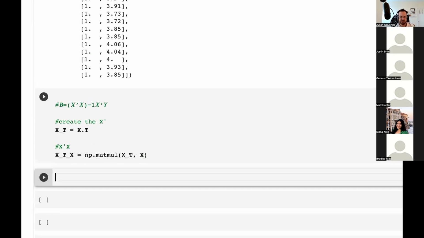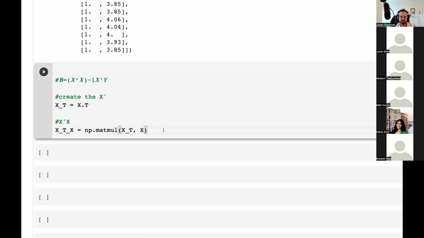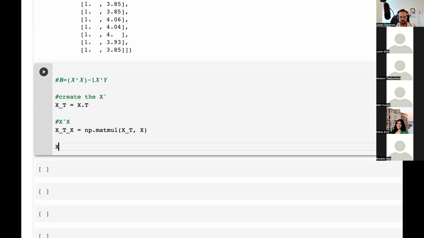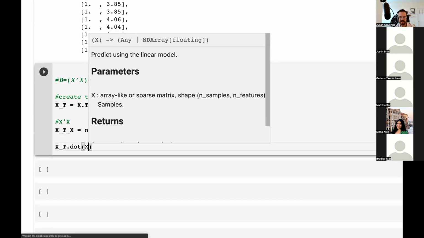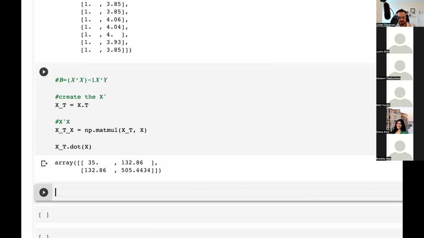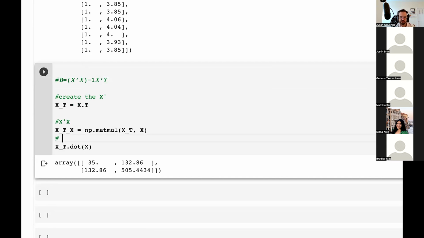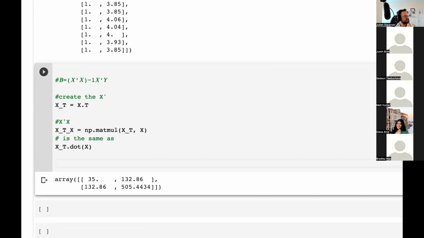Quick note, XT dot X does the exact same thing. So either method works fairly well.